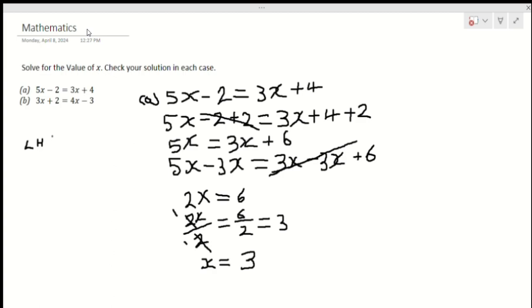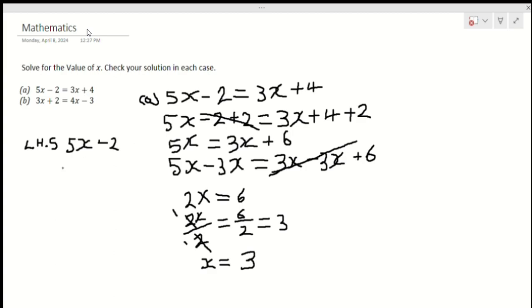Let's look at the left hand side, LHS. The left hand side would be 5x minus 2.